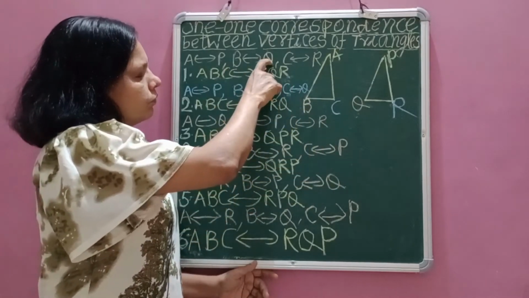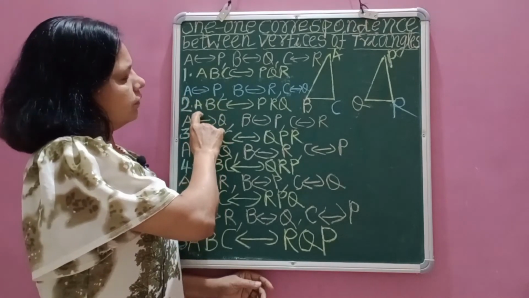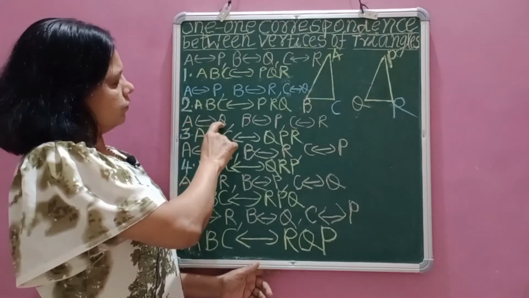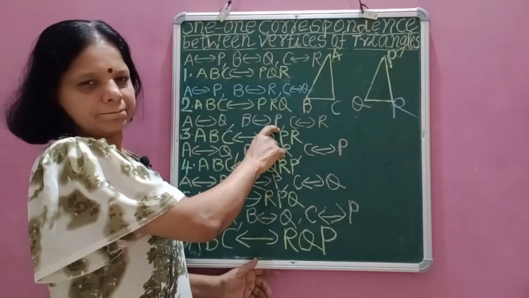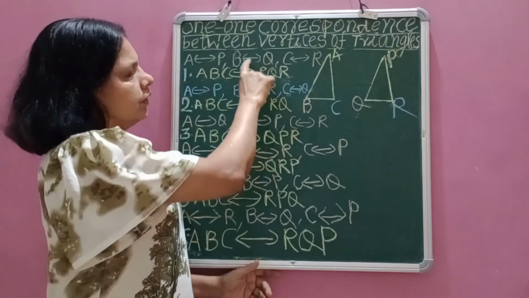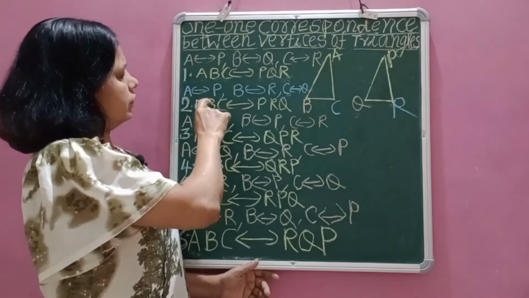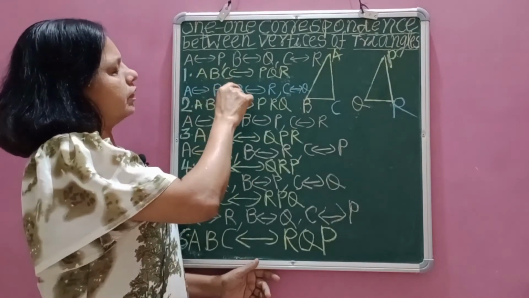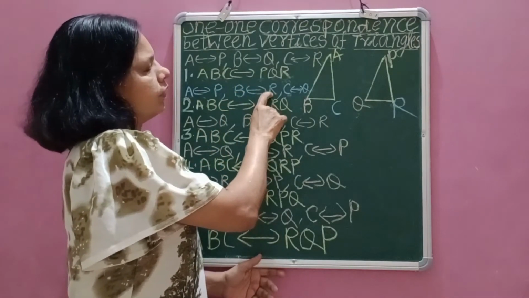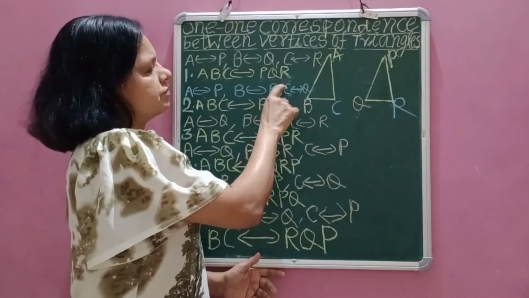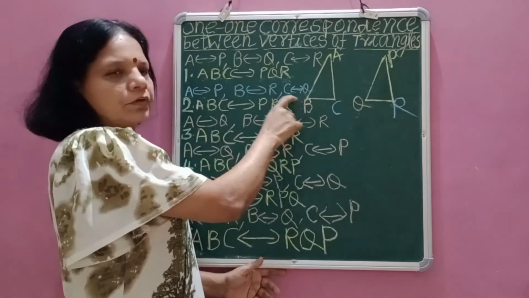Here B corresponds to R instead of Q, and C corresponds to Q. These two are interchanged. That is the second possibility.